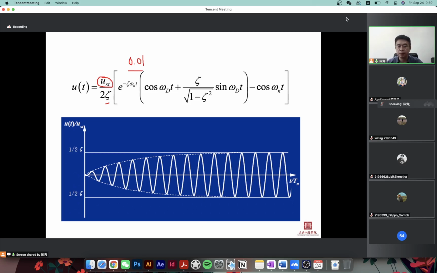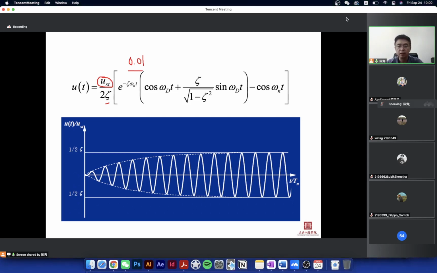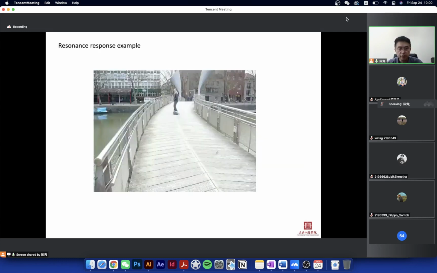That's why resonance is very dangerous for structures. So we need to pay more attention to this case, to avoid it or to use it. As I just mentioned, in my opinion, structural dynamics is mainly about how to avoid resonance and how to use resonance.